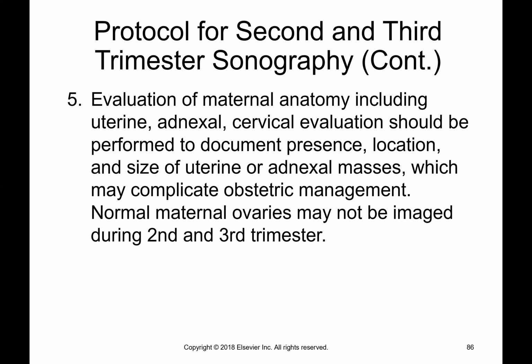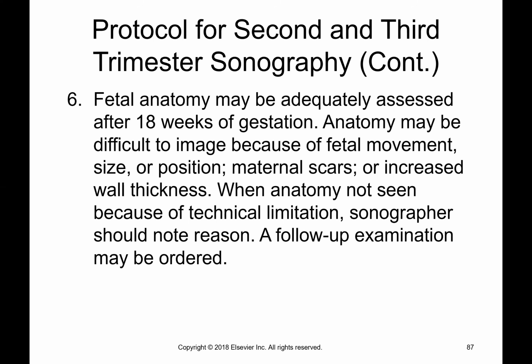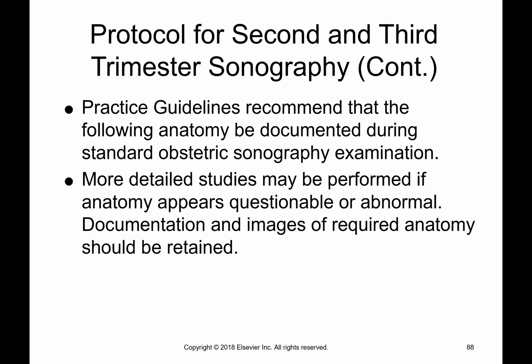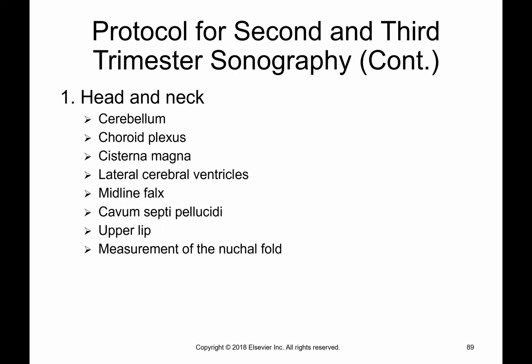We also want to evaluate the maternal anatomy. So that means looking at the adnexal areas and the uterus, making sure there are no fibroids. Then we want to look at the fetal anatomy. There are multiple different protocols, but we will give you some guidelines of what exactly you need to look at.